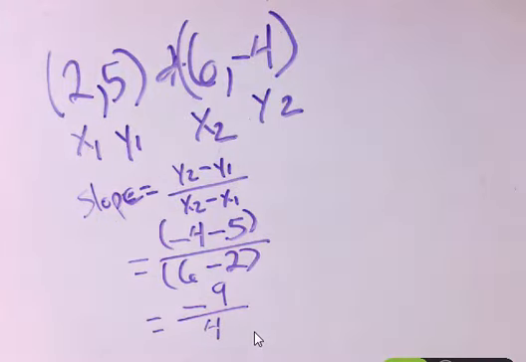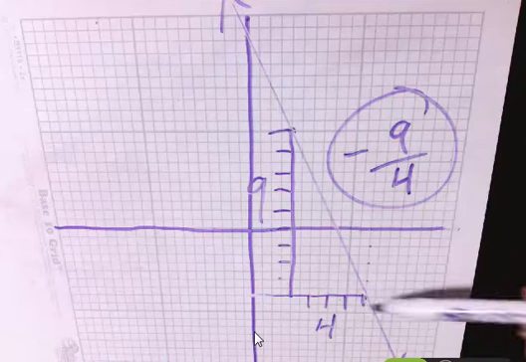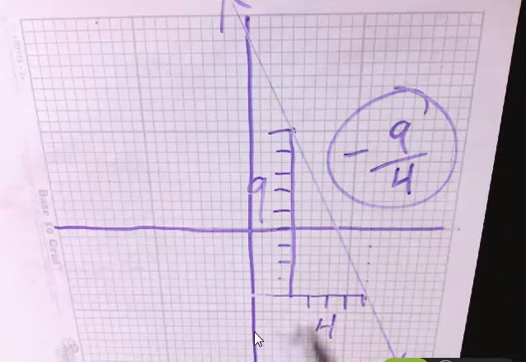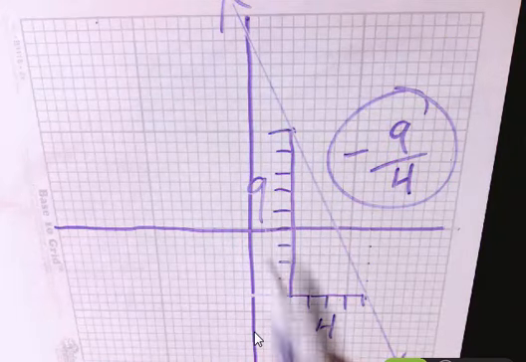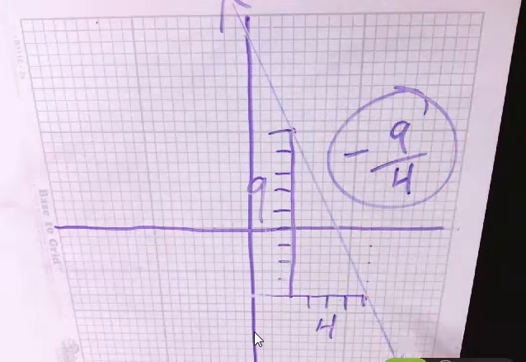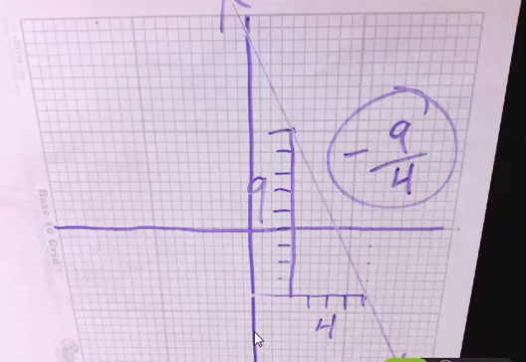So we get a slope of negative 9 over 4. And we can double check that on our graph. Okay, so you see here I plotted my 2 points. And I counted up, dropped my lines, and counted. This is 9, this is 4. It's a negative slope, so negative 9/4, which is what we found using our equation.